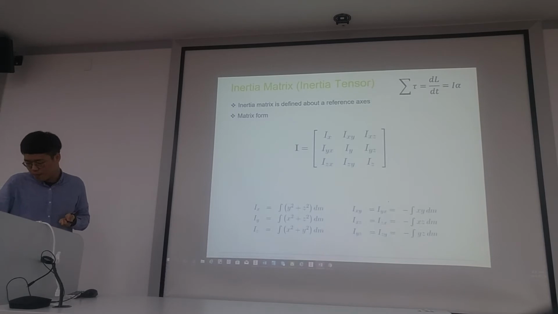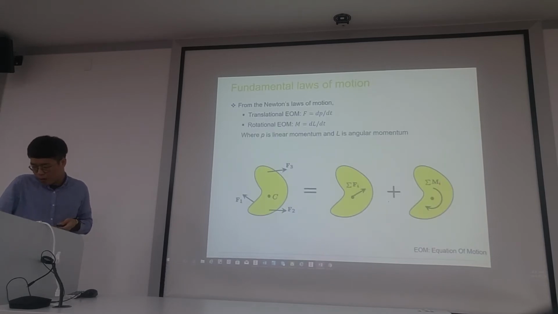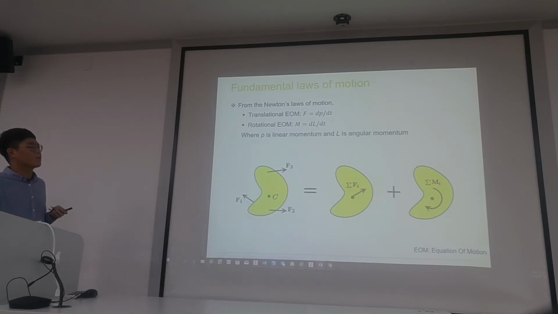In summary, every motion of a rigid body is decomposed into a translational motion and a rotational motion, and these are represented as the center of mass's motion. Also, each motion is related to linear momentum and angular momentum by Newton's law. So from the figure, you can easily understand any arbitrary motion.